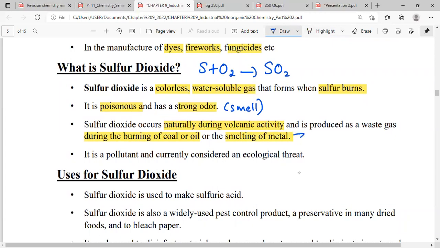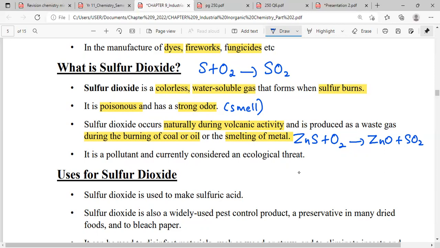Zinc sulfide, when it is heated in air or roasted in air, gives zinc oxide plus sulfur dioxide. So during the extraction of certain metals, sulfur dioxide gas is produced. In this way also sulfur dioxide gets into the atmosphere.